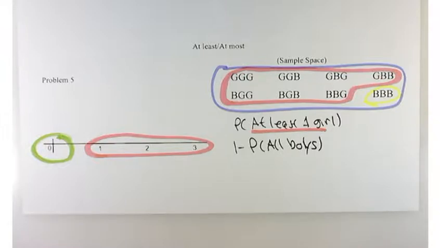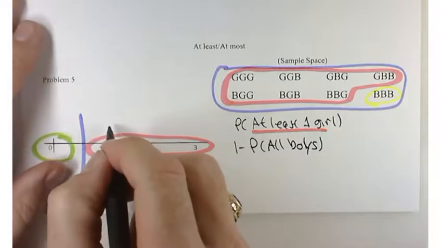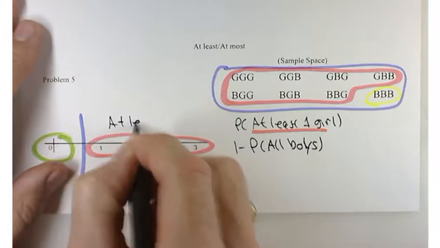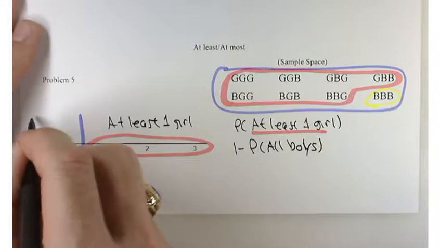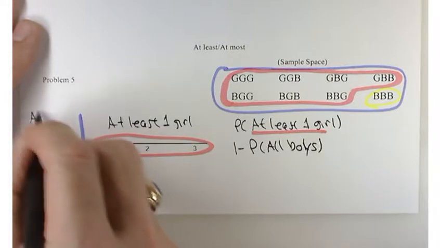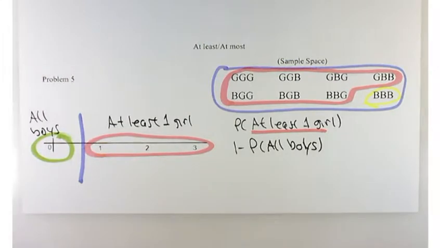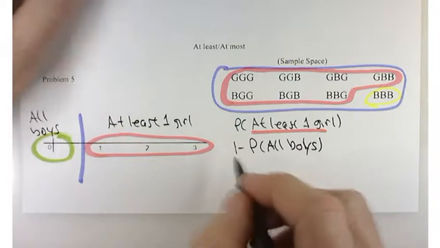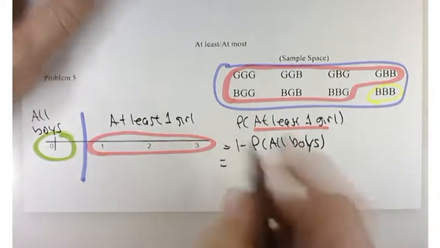And it's going to be easier for us to calculate one as opposed to the other one. At least one girl. No girls, or all boys. The nice thing here is that there's just that one probability to calculate.